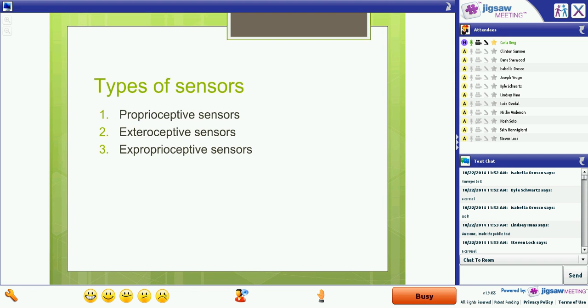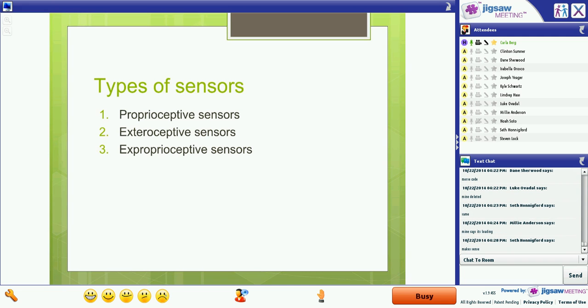There are three types of sensors. Take a look at these for a second and think about the words inside of here to see if you can figure out what any of these mean.